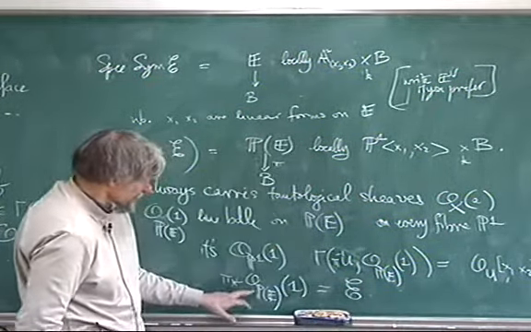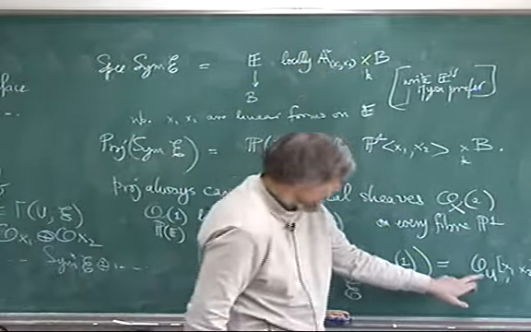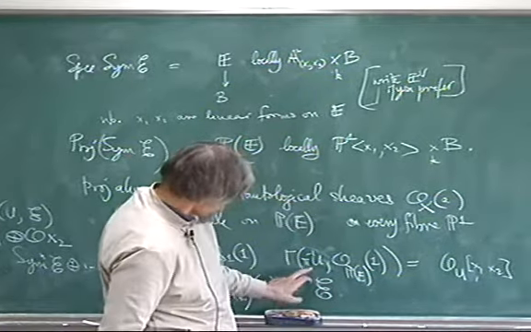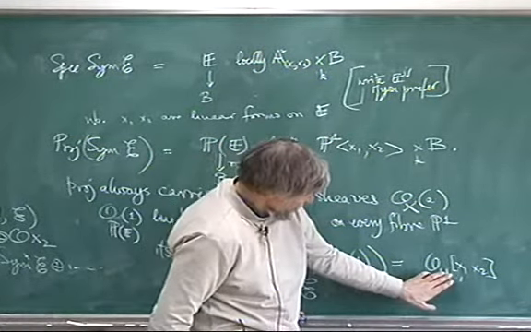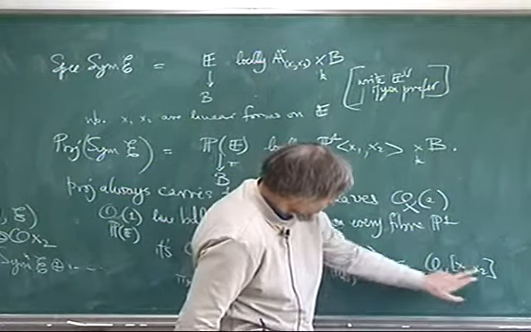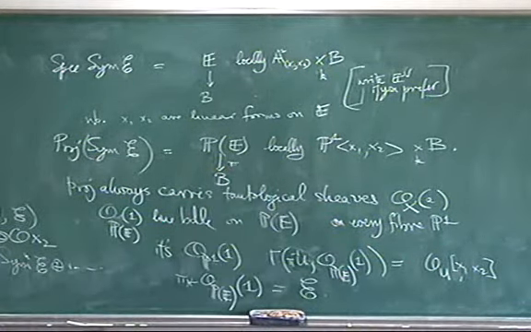Right. So the sections of pi lower star of this over an open set are functions on the base times x1 plus functions on the base times x2. It's just sections of this sheaf.